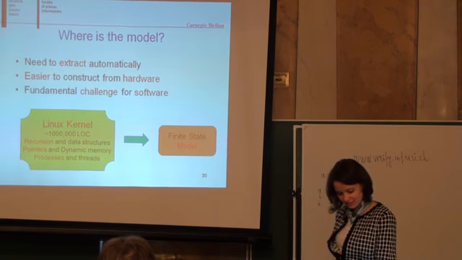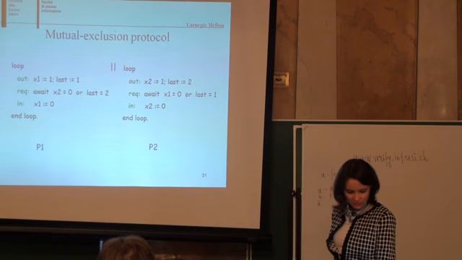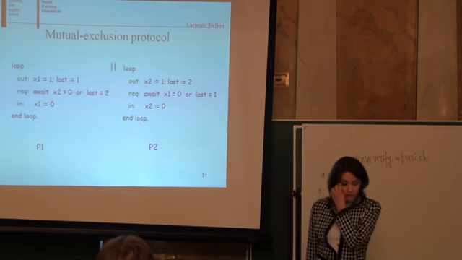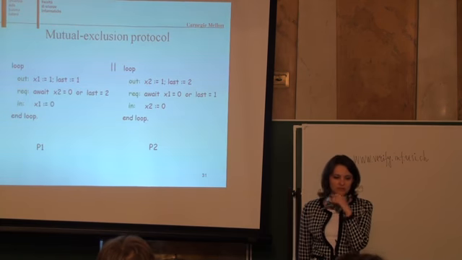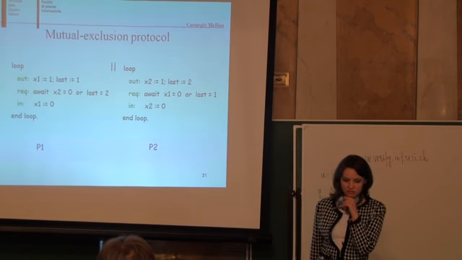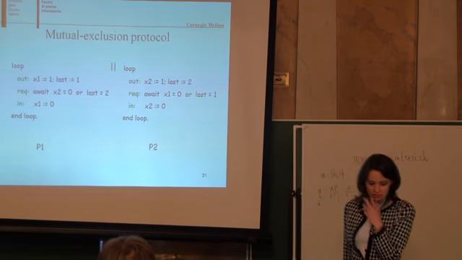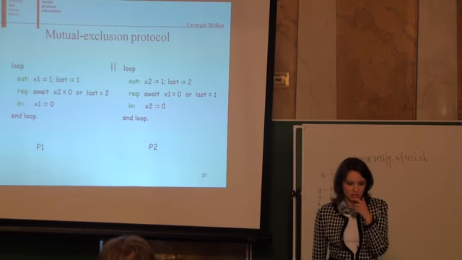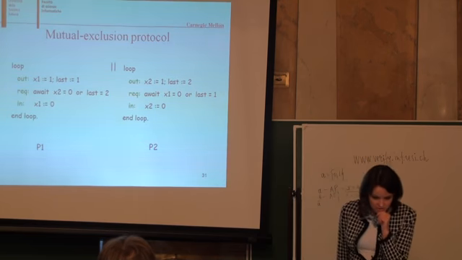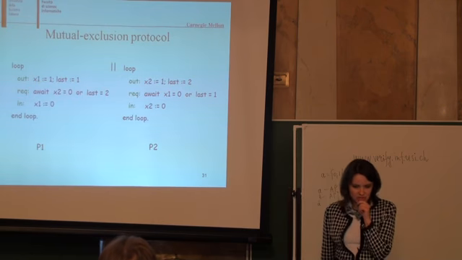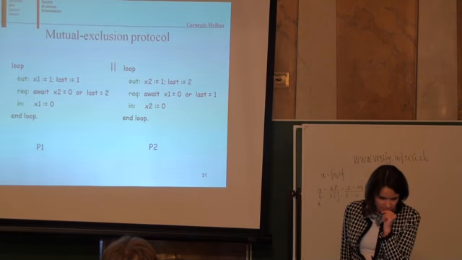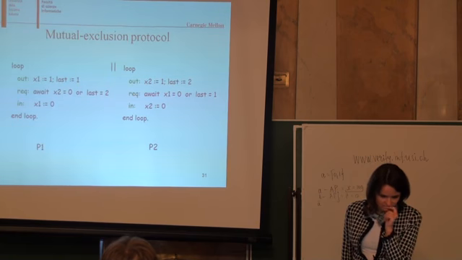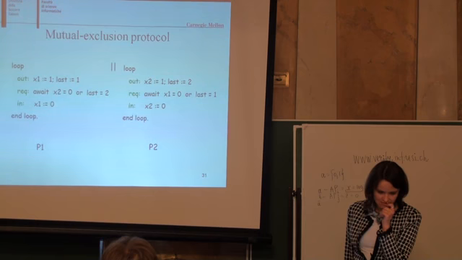So it's nice. Okay, let me give you an example of how the model could be created. Here's a small program, a simplified version of a mutual exclusion protocol. I have two processes, P1 and P2, running in parallel. They are looping, and they are sharing the variable last, and they also share, it looks like, all three variables.